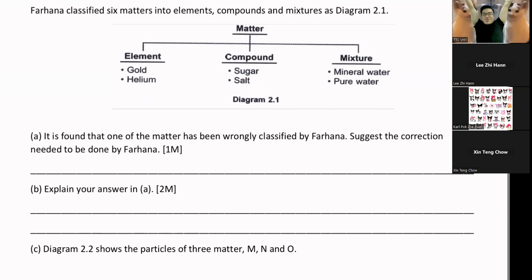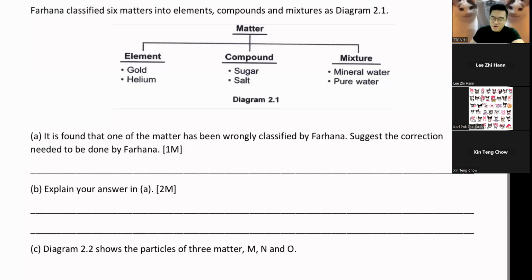What is the one thing wrong here? Zhan, you want to take a try? Xinteng, you want to try? Water is H2O. So which is wrong? There's only one wrong here.